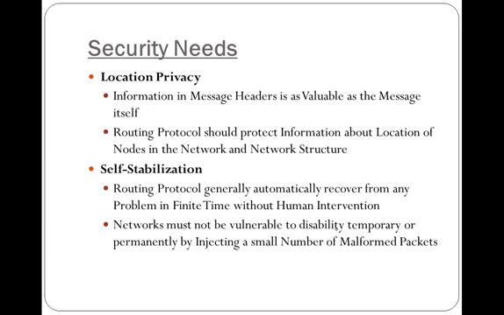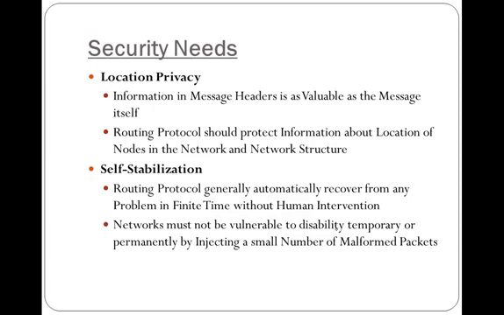So self-stabilization means that if there is any problem inside a network, in a node, then the network should take some action to recover that node or recover that part from the damage or from that attack.